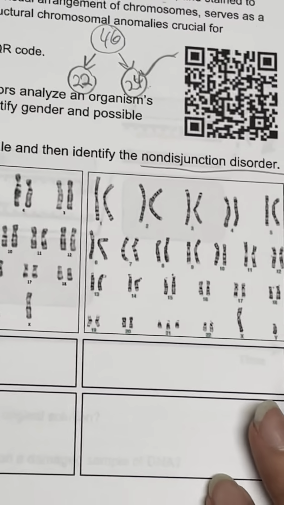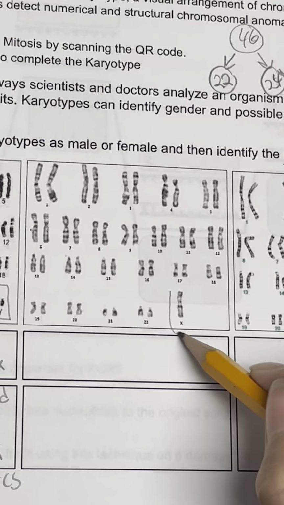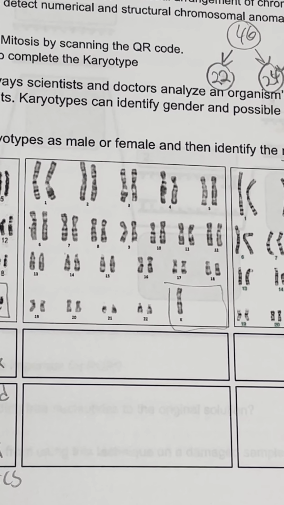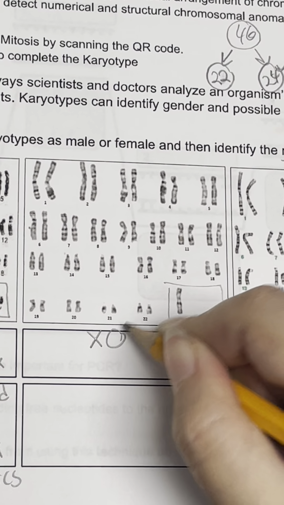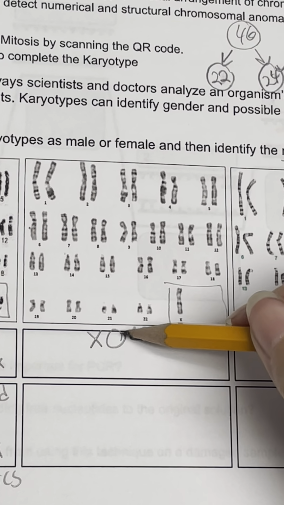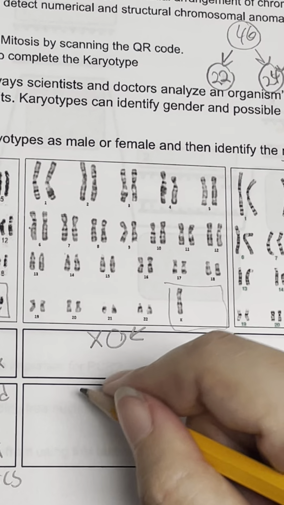The second one looks very normal until we get again to that 23rd chromosome, the sex chromosomes. In this case, the sex chromosomes are XO. We are missing one of the chromosomes from one of the parents. So we're missing one. This is a form of aneuploidy.